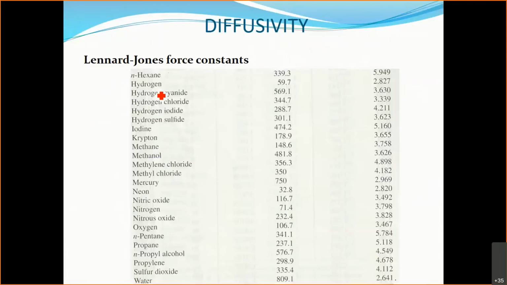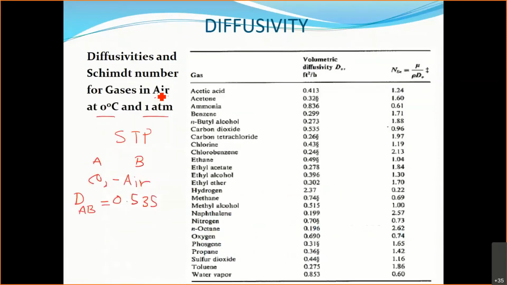So from this appendix, if you look at the value for benzene and air, you'll get 0.299.